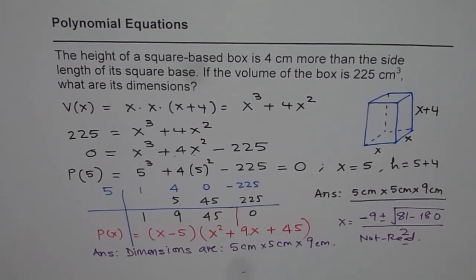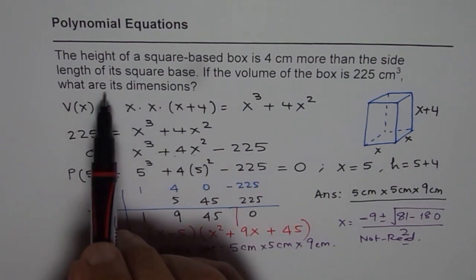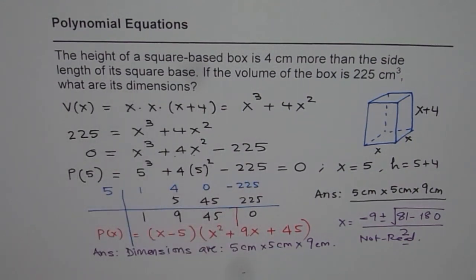Well, some of you might think at this stage that it was kind of a waste of time trying for the other roots. Soon you will come across questions in the test where the wordings will be different. They say what are possible dimensions? What are all possible dimensions?